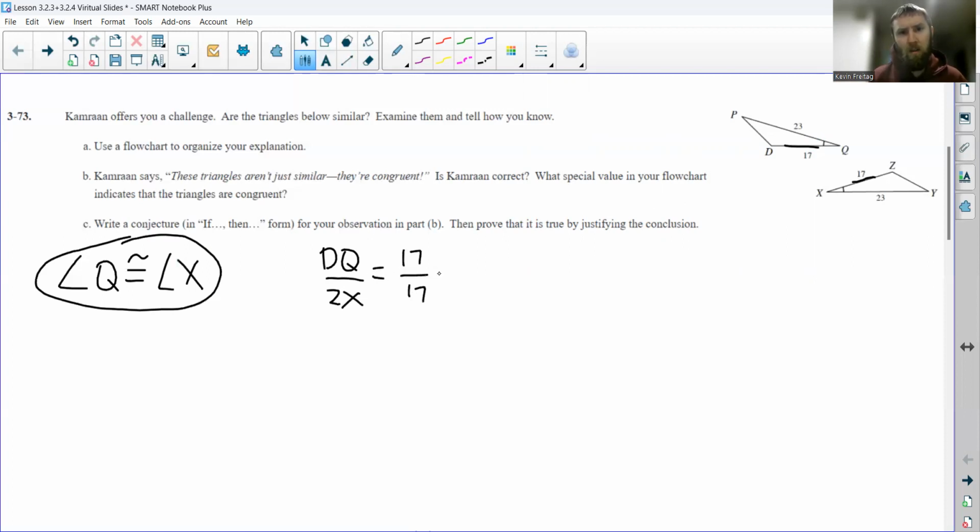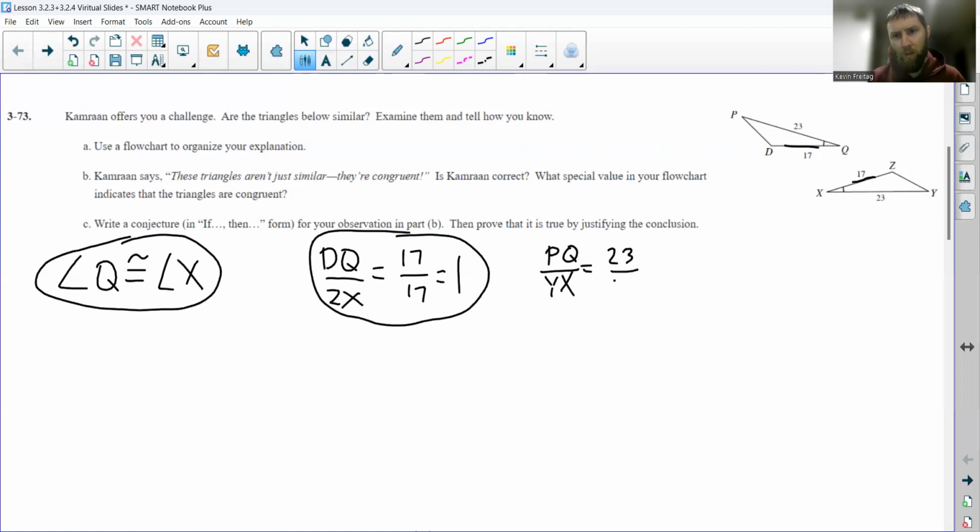So the ratio of those 2 side lengths is 1. Okay, so I know that. And then similarly, I know that PQ divided by YX, which would be the sides that are labeled 23 units, I can make a ratio of those as well.